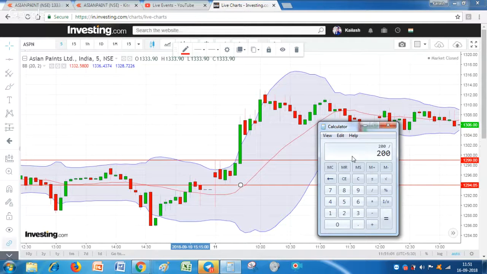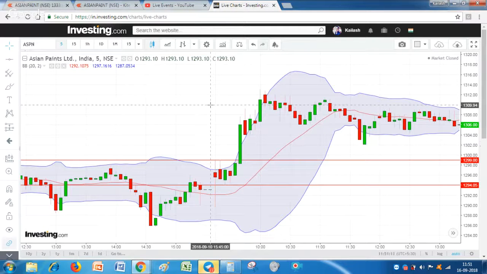So we will divide this 200 by 6. The calculation is 33.33, so we can take a rounded value of 30. If we take a 30 quantity of this stock, we will have a maximum risk of 190 or 200 rupees.